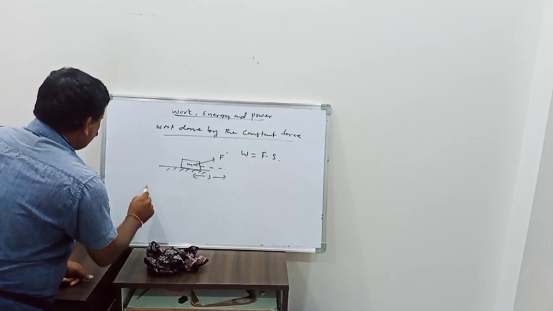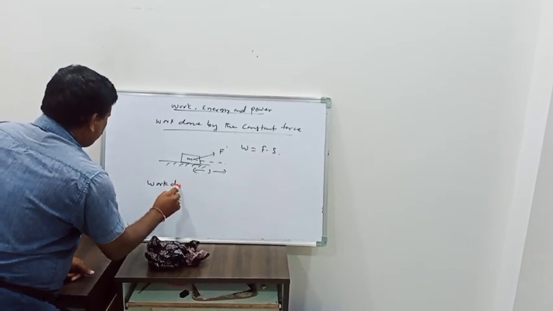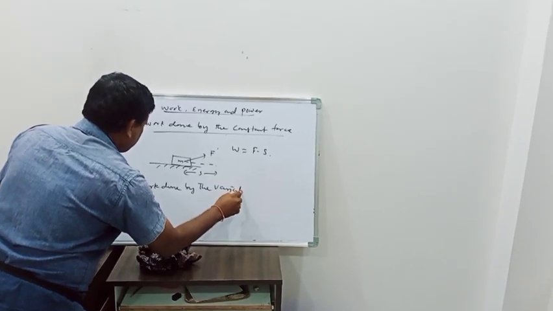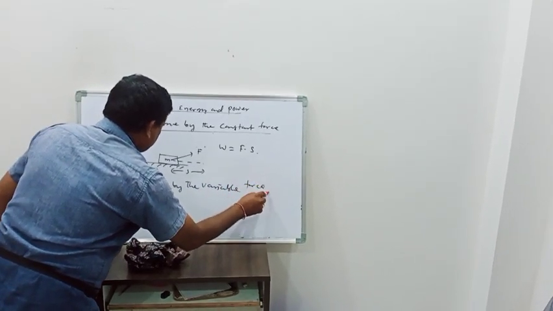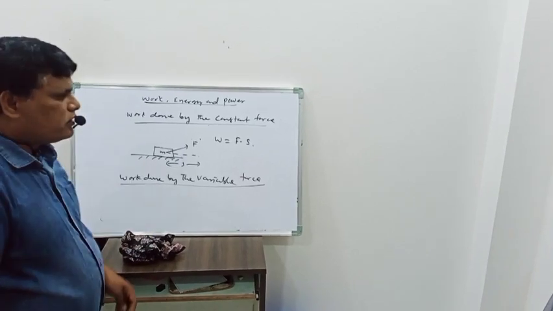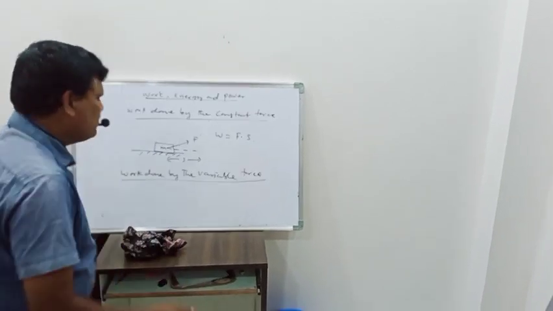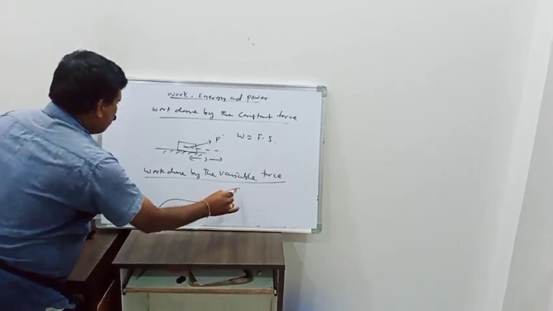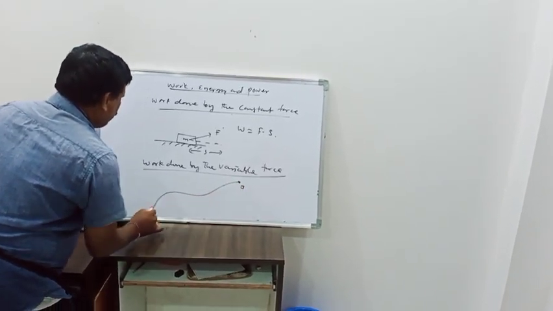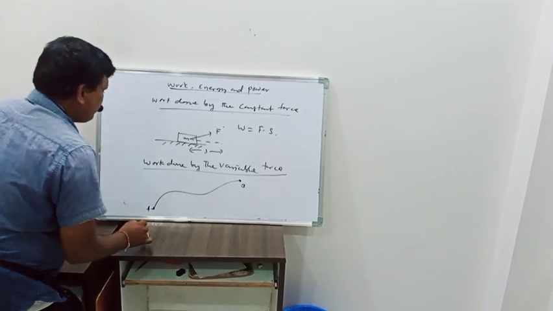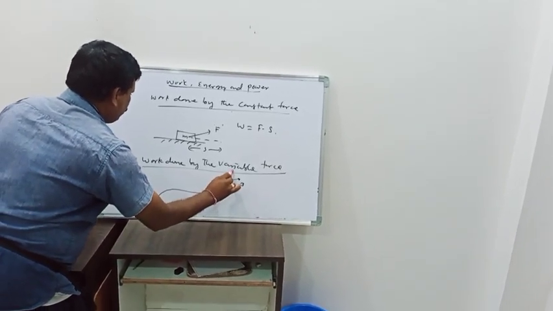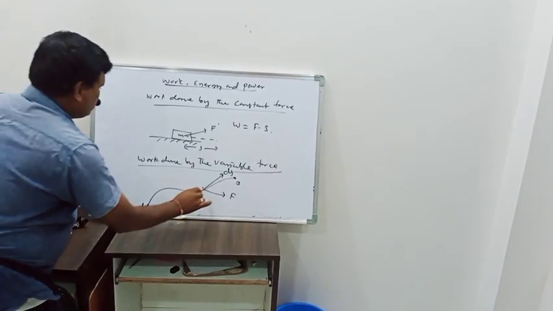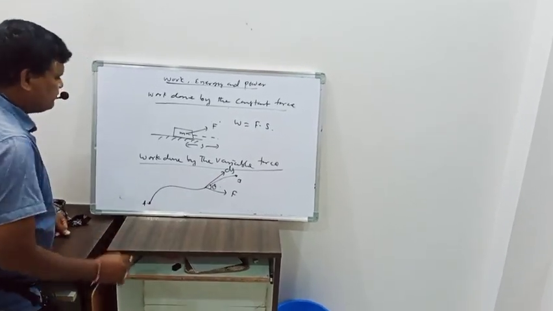Next, work done by the variable force. How can you understand the work done by the variable force? Let us consider infinitesimally close points A and B. There is a displacement of the particle ds when we apply the force F, which makes some angle theta.